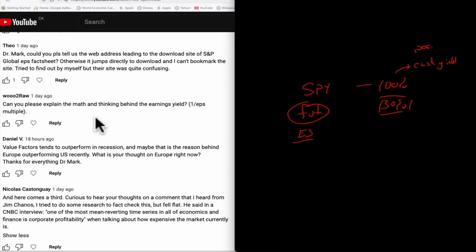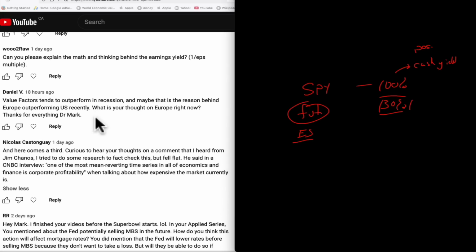I explained the math and thinking behind the earnings yield. Already did that. Value factors tend to outperform in recession. Maybe that is the reason behind Europe outperforming U.S. recently. I think the reason Europe has been outperforming is because it was discounted so much, because the thought was it's going to be really bad.